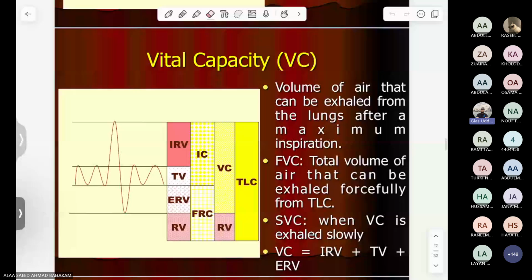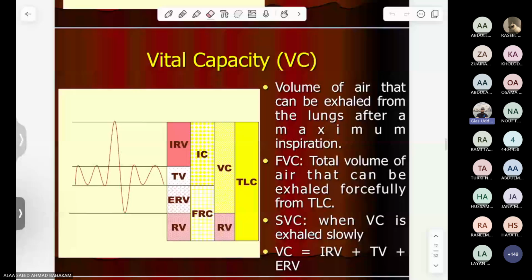What does exhale mean? Breathe out. So breathe in, breathe out. In the forced FVC, you breathe out forcefully. In the SVC, you breathe out slowly.